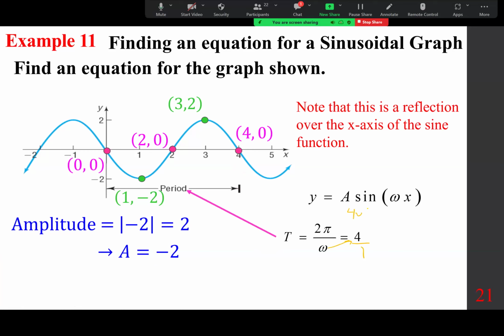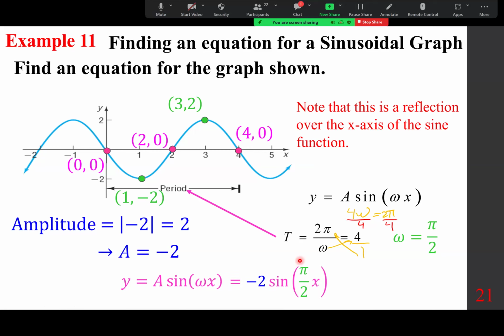That means 4 omega equals 2 pi, and omega is 2 pi over 4 or pi over 2. And we are going to replace the a with -2, omega with pi over 2, and the function is y equals -2 sine of pi over 2 x.